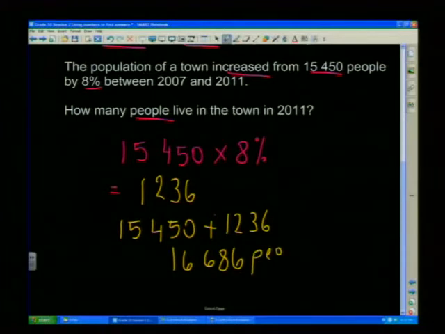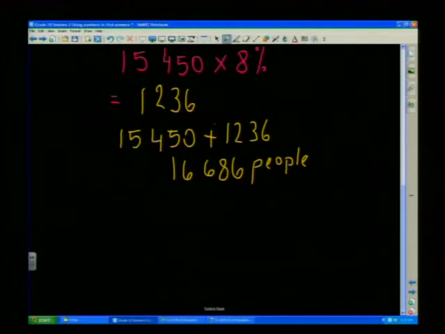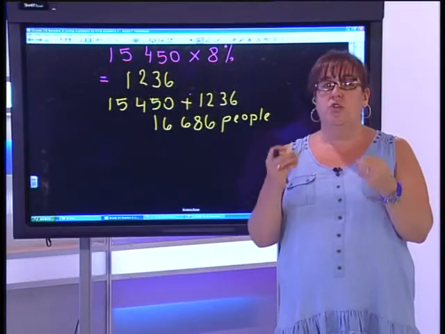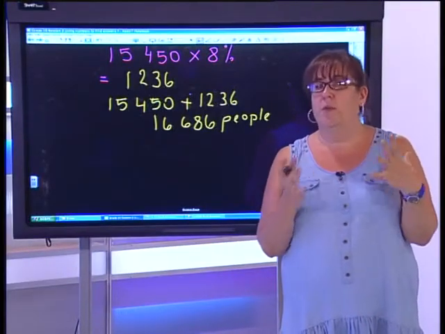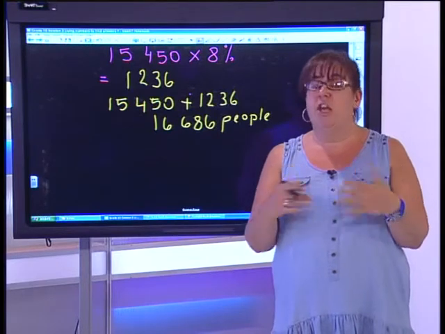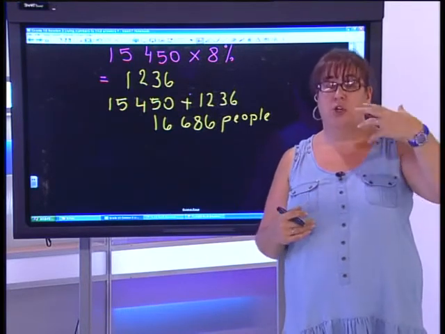And don't forget, it's got a reference, so we've got people. There is another way of doing this calculation, which takes only one step, and I'm going to show you this now. But before I explain the second option, I want you to know that there's usually more than one way of doing a calculation. There's more than one way of getting to an answer.